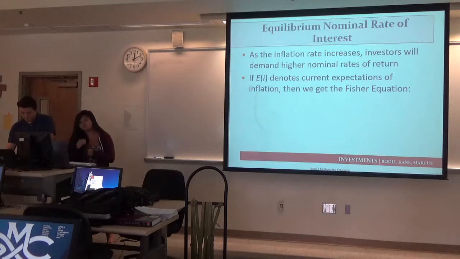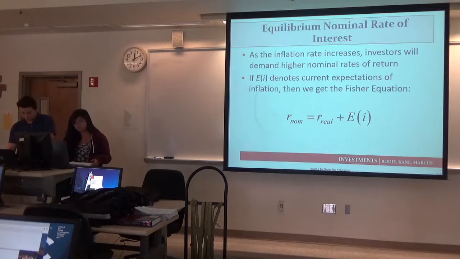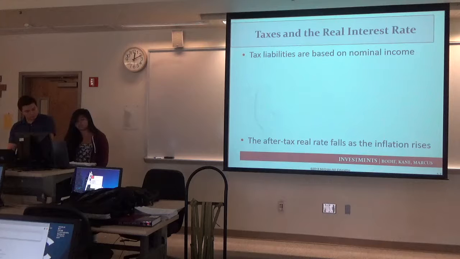So for the equilibrium nominal rate of interest, as the inflation rate increases, investors will demand higher nominal rates of return. And if i denotes the current expectations of inflation, then we get the Fisher equation, which is the nominal interest rate is equal to the real interest rate plus the expected inflation rate.